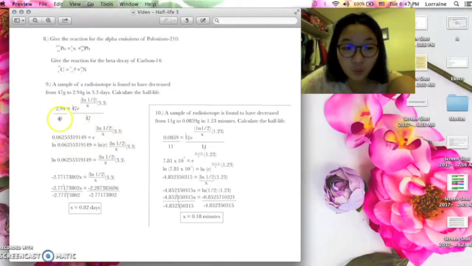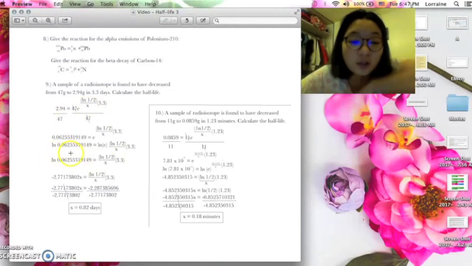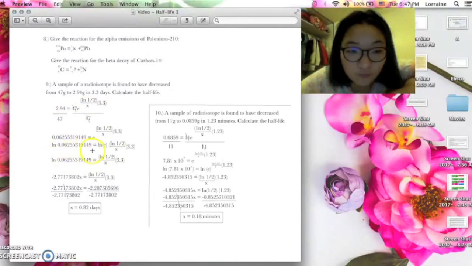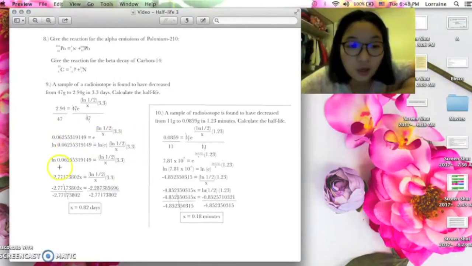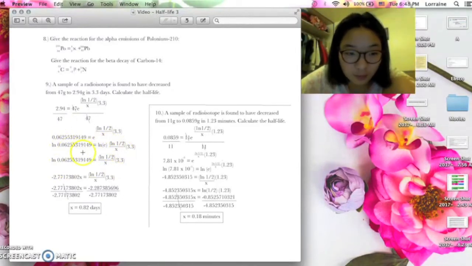And after that we solve it through the use of ln, the natural logarithm rule. So there's ln of 0.06255319149 equals ln of e times ln of 1/2 over x times 3.3. So this time this is no longer an exponent. Since ln of e equals 1, we basically just copy this here, cancel this out, and copy this here. And after that we solve for it. So negative 2.7717380202, then x, because of this one.